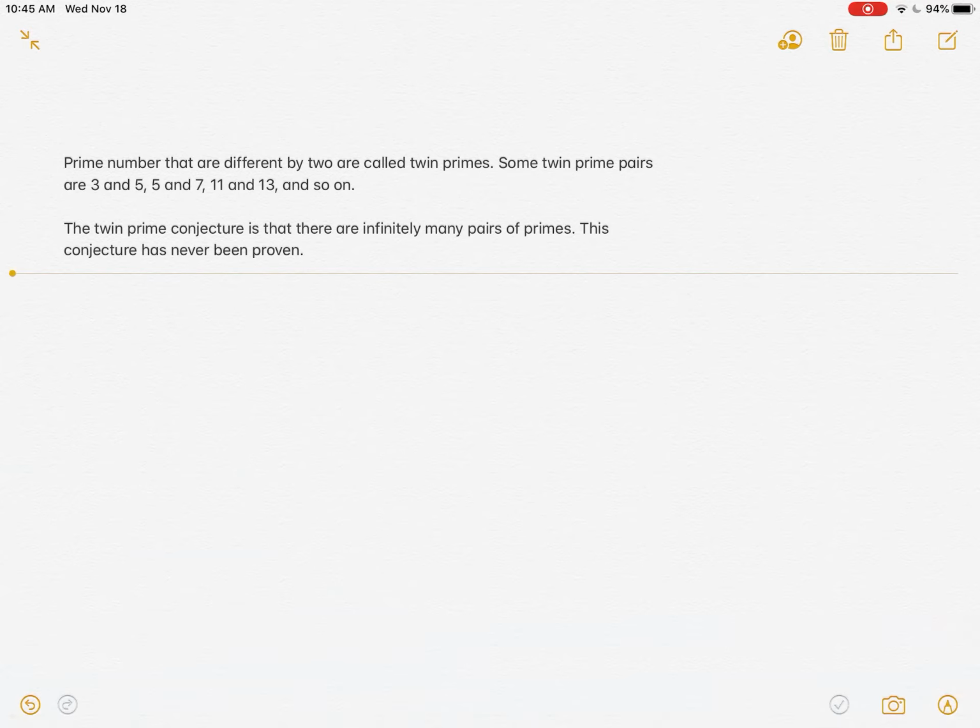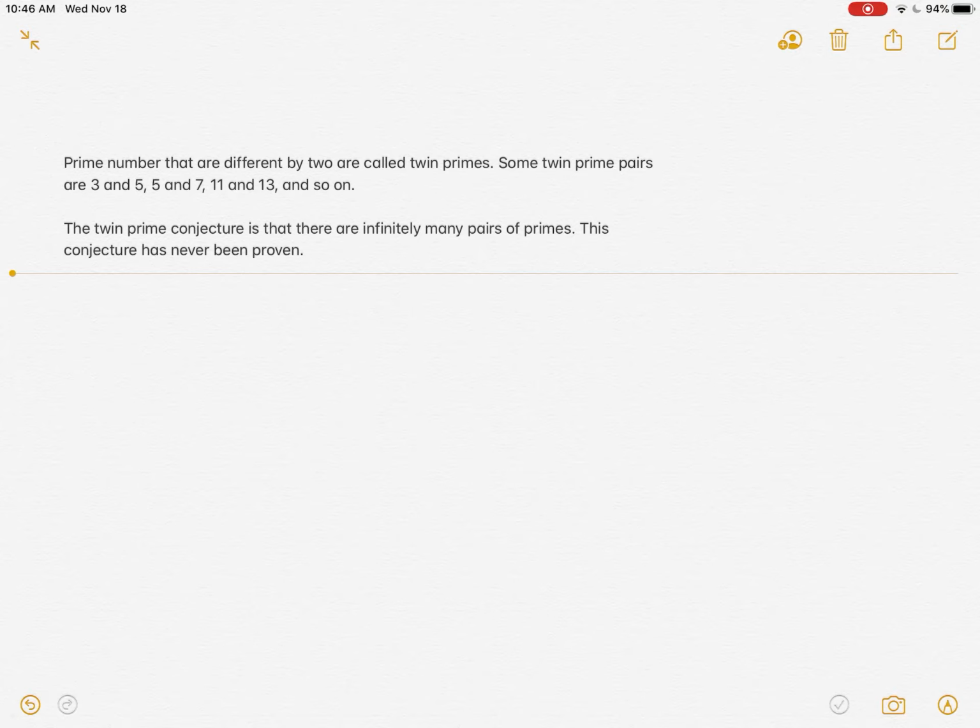Some twin prime pairs are 3 and 5, 5 and 7, 11 and 13, and so on. There's something called the twin prime conjecture, that there's an infinitely many pairs of these primes, and what they found is they found a ton, but no one's been able to prove that there definitely is an infinite amount.